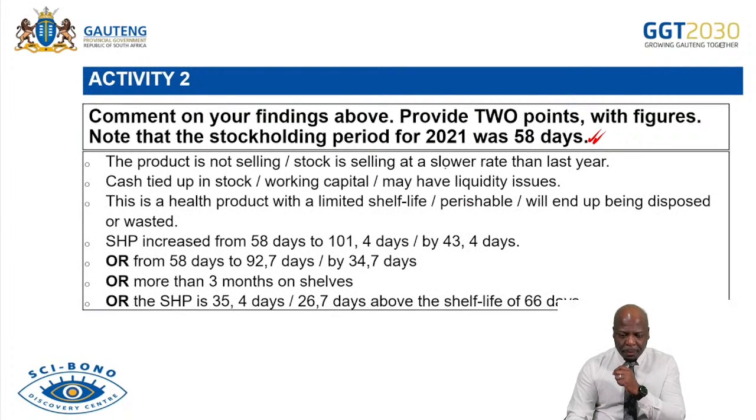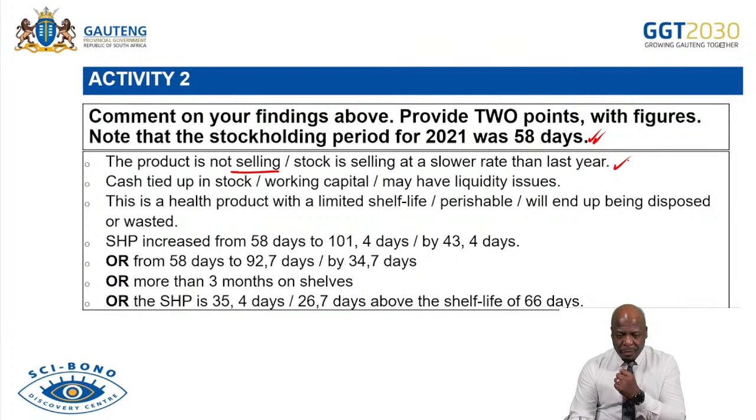Number one, it means the product is not selling, because it is staying in the business for 101.4 days. Let me just use 101 days. So the product is not selling. In other words, stock is selling at a slower rate than last year.